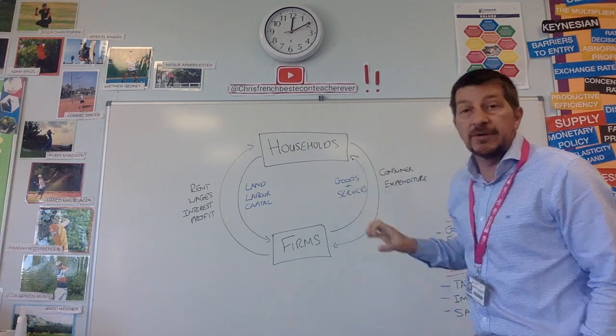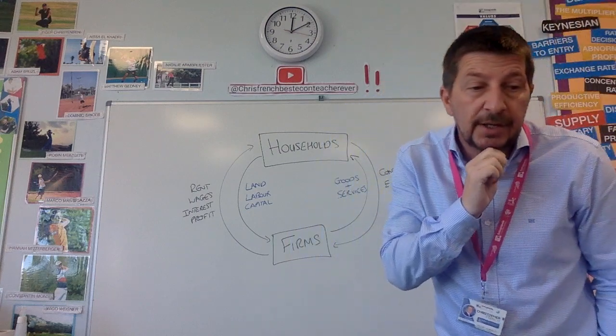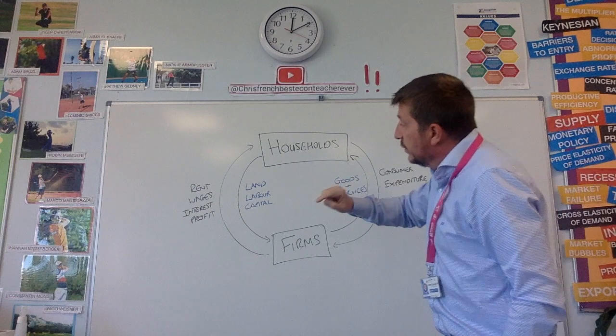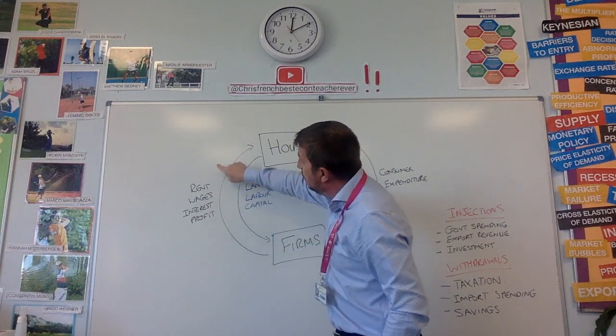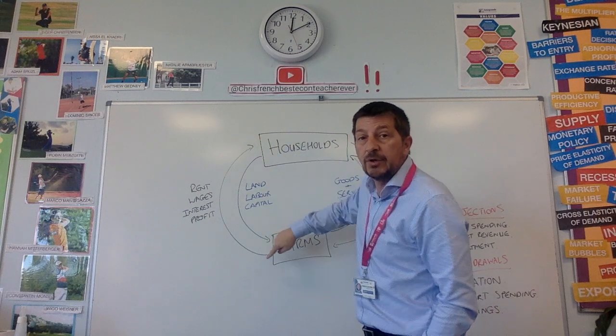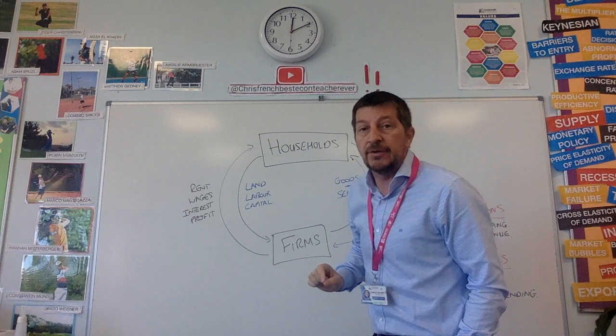So they should equal the same amounts. Now, next, we can also look at the total amount of money that is paid in factor payments to the households by firms. And this is what we call the income method.